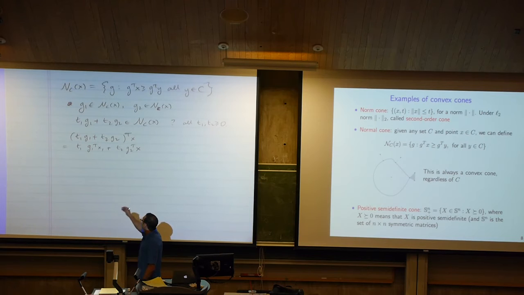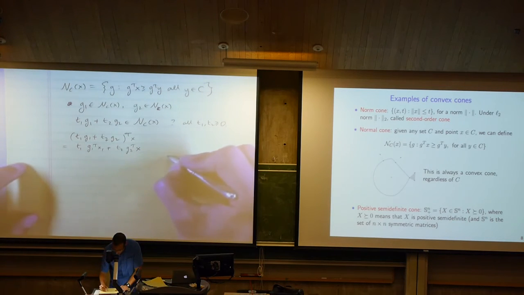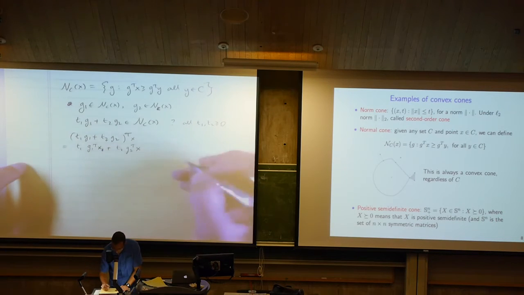Just take the inner product of G1 with x, G2 with x, and then multiply by T1 and T2 and carry that through. Now actually I know that this is true. Sorry about that.